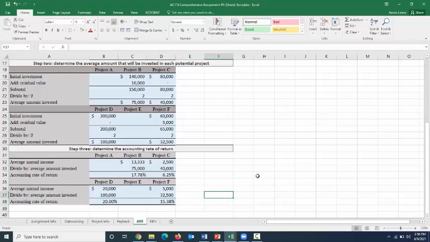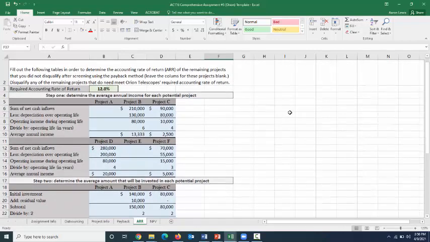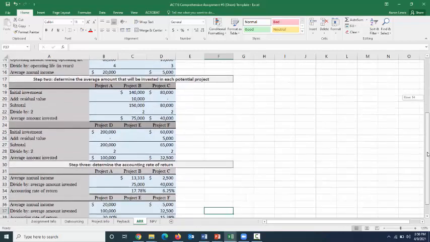Just like we did with Payback, our company, Orion Telescopes, is going to set an acceptable amount that all potential projects, in this case, must exceed. So what is Orion Telescopes' minimum requirement? Well, their minimum required accounting rate of return is 12%.